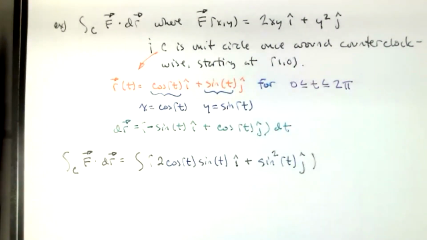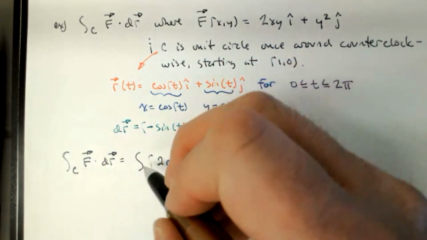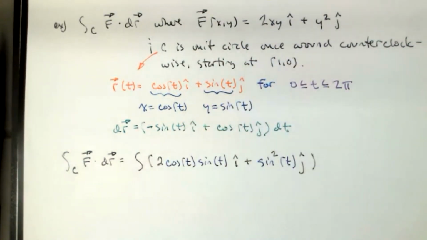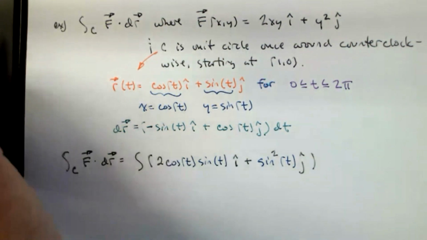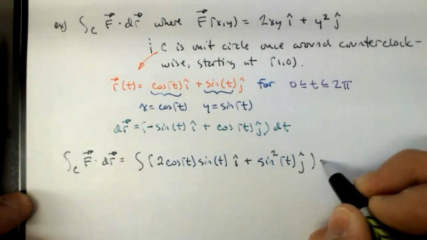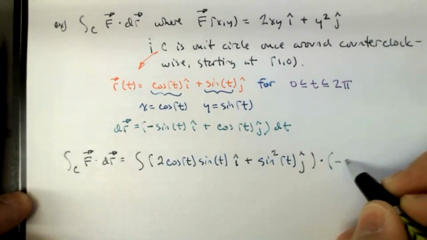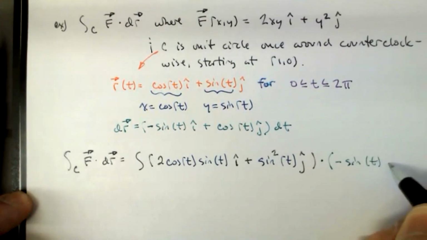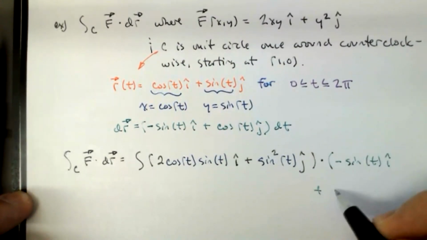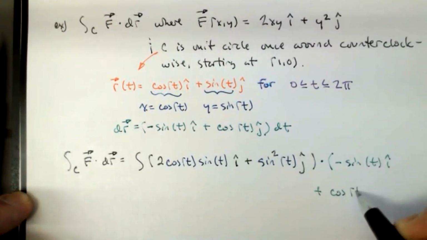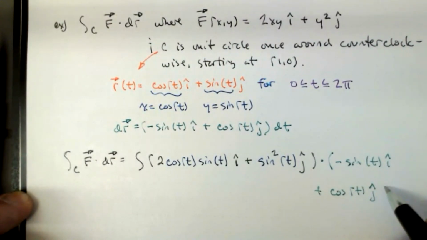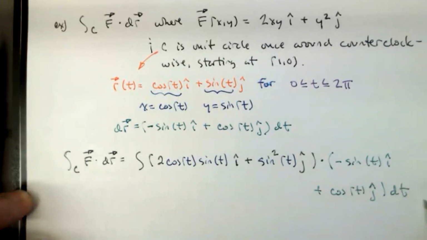This first piece is evaluating the vector field at the points on the curve. We make a dot product of this with dr. dr is minus sine of t i plus cosine of t j dt.